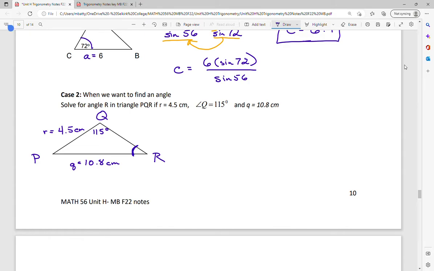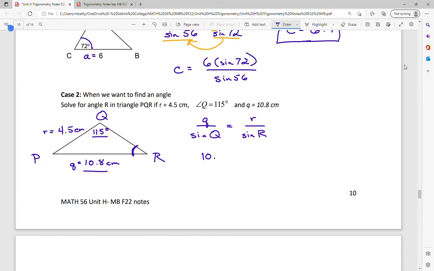And the key thing with this is that we know an angle across from a side. That means that we can set it up so that q over sine q would equal r over sine r, right? The letters are different, but this idea that they're proportional is really what the sine law hinges on.